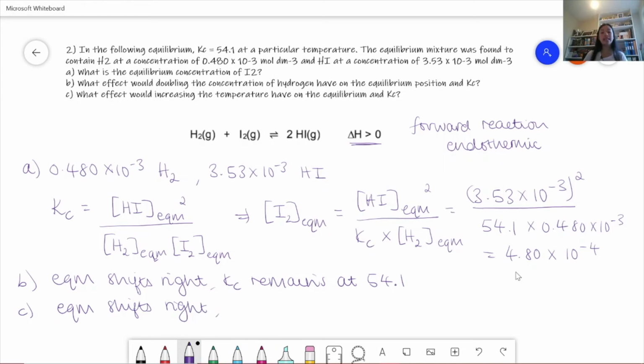And what happens to the Kc is that because the Kc is the ratio of products to reactants with the products on top, if we produce more products, that fraction will be a lot bigger. So Kc actually increases.